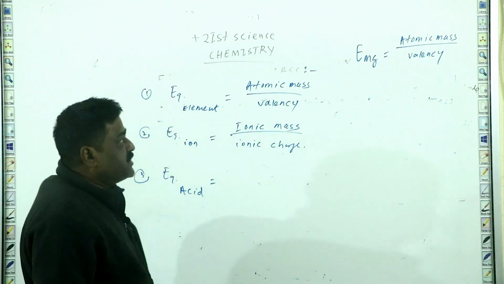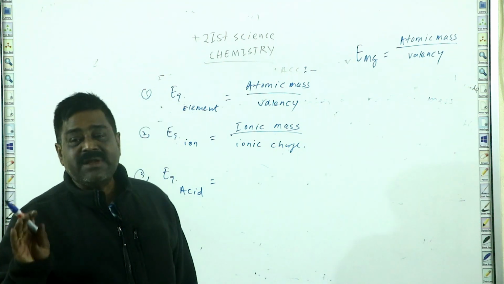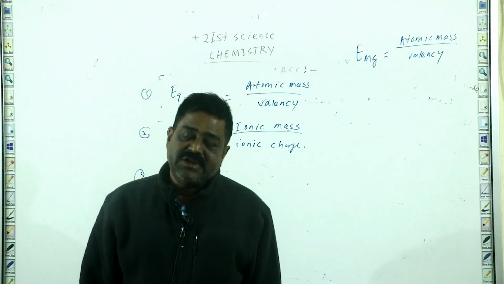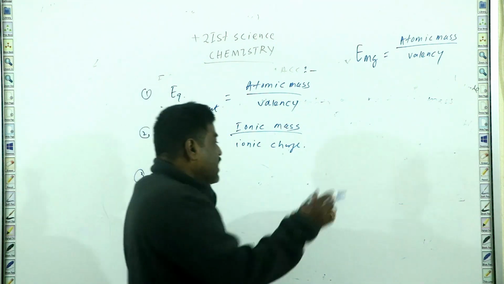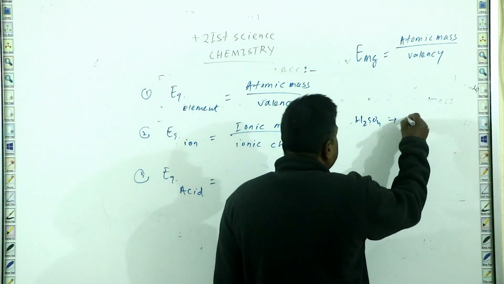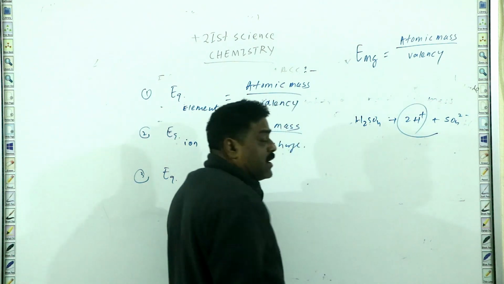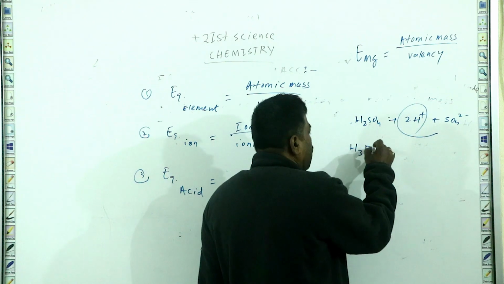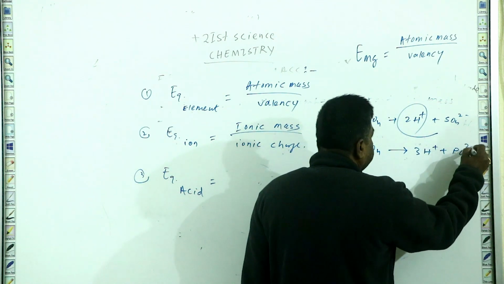You know, an acid is a substance which can give H plus ion in the solution. Let's say I am talking about H2SO4, then it gives H plus ion in water as well as sulfate ion. 2 H plus ions are there. Similarly, H3PO4 gives 3 H plus ions and 1 phosphate ion.